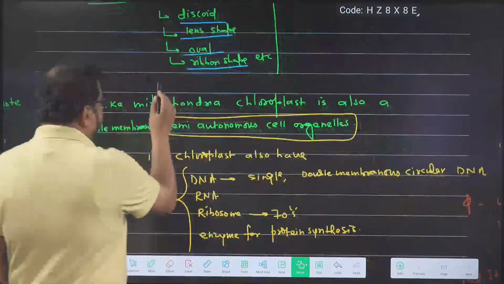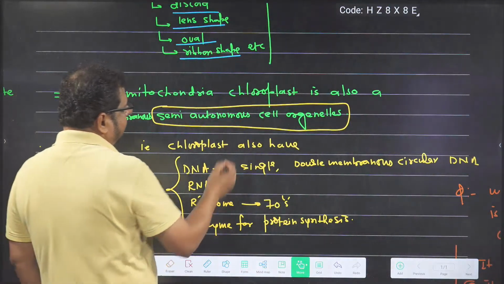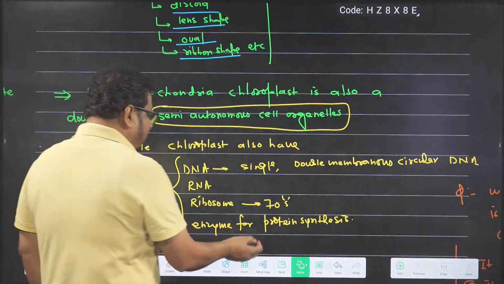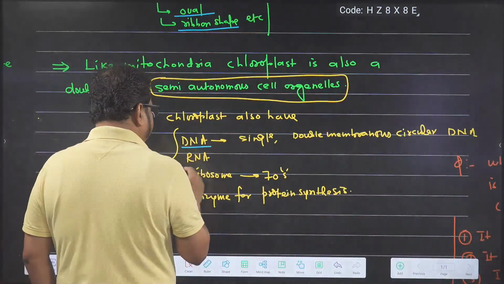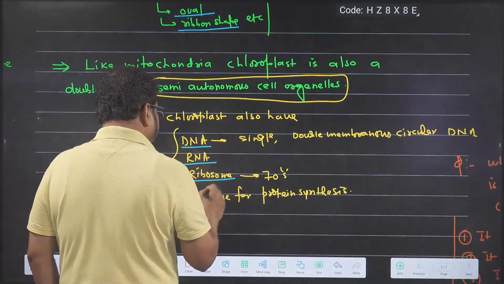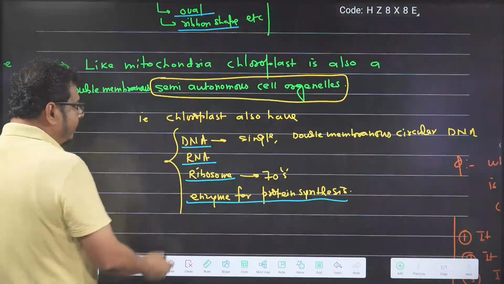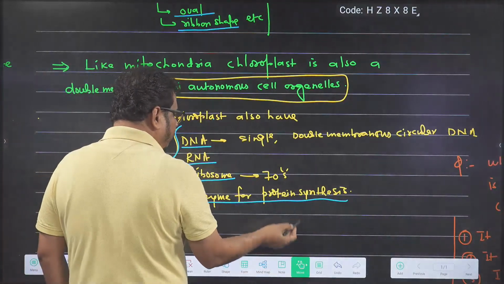Now I wrote, like mitochondria, chloroplast is also a semi-autonomous cell organelle. Why? Because in chloroplast DNA, RNA, ribosome, and enzymes for protein synthesis are present, so it has the power to synthesize some of the protein.